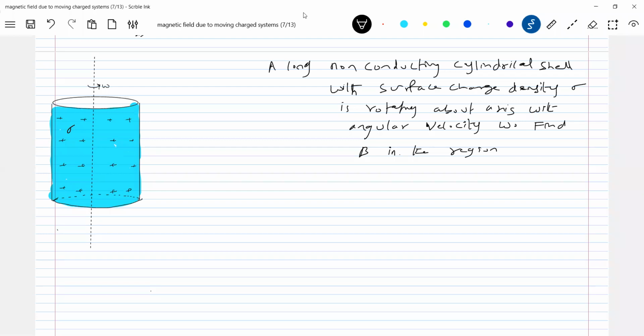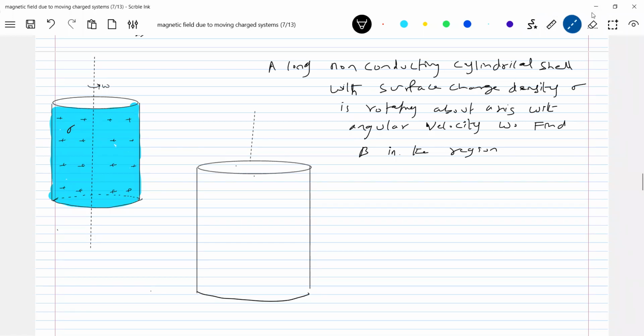So what I do is, I'll assume a system like this. This is the axis about which it is rotating.